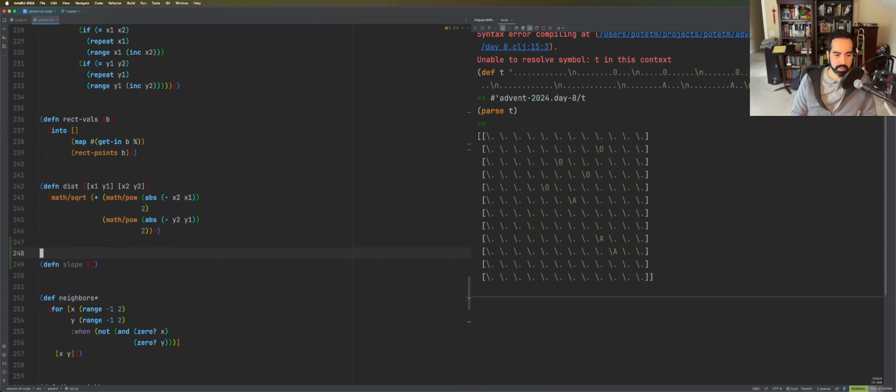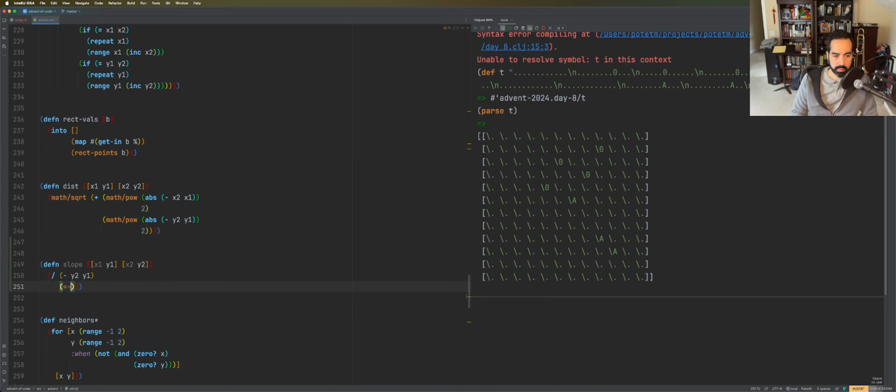Let's just do this. I don't think it needs to be too fast. Slope for 2 points is rise over run, right? And the rise is going to be y2 less y1.